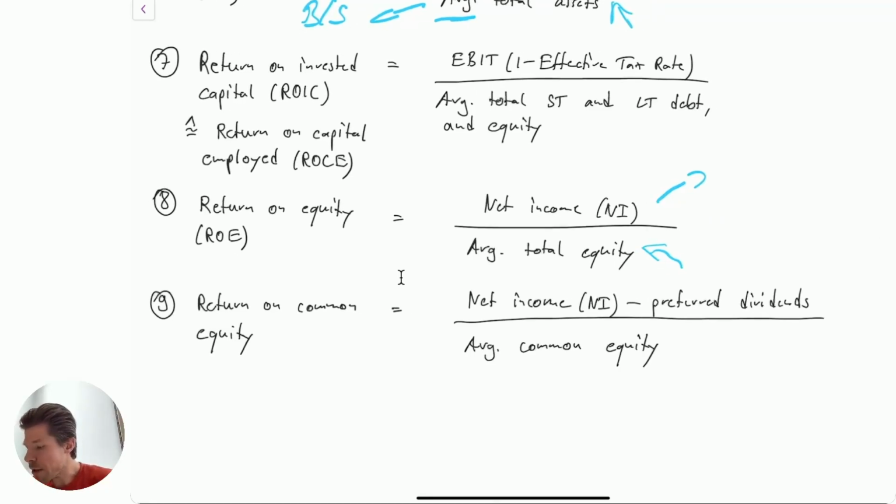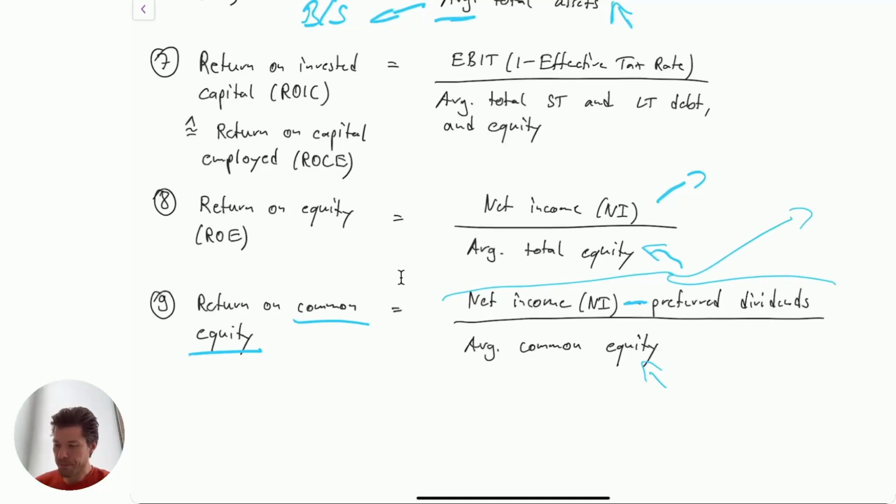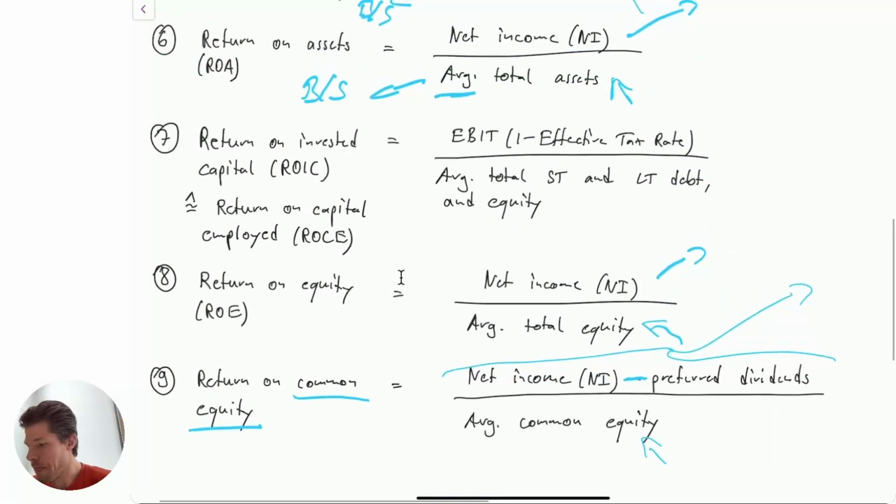The net income is not fully available for our common shareholders, so we need to exclude preferred dividends. Then we look at what our common shareholders have provided in capital to generate net income minus preferred dividends. Again, input is the denominator, output is the numerator.